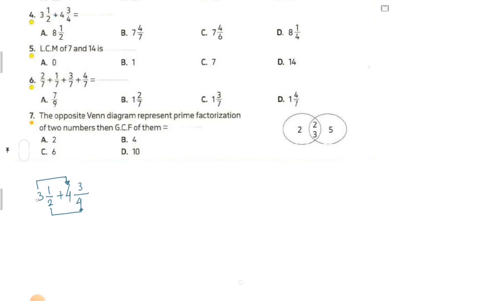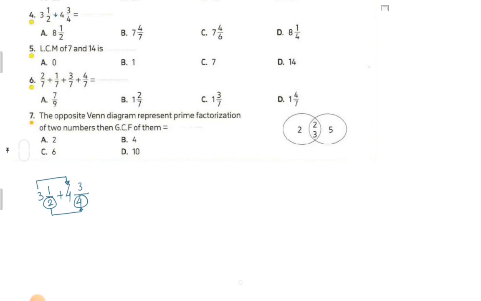If I add 3 plus 4 equals 7, it's okay, but I need to add half plus 3/4. Now we note that we have two unlike denominators, so I need to make them the same.